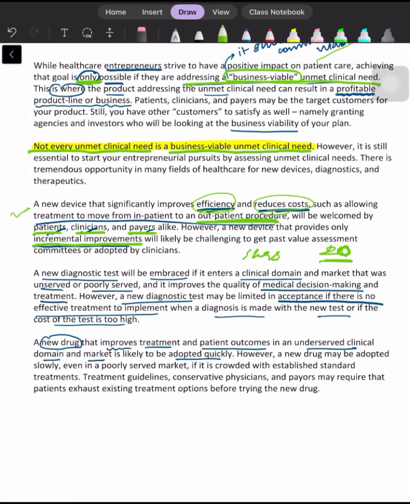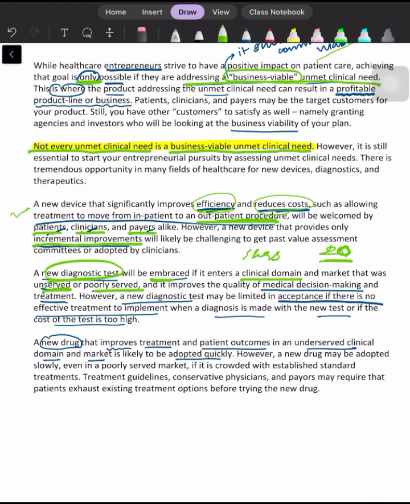A new diagnostic test will be embraced if it enters a clinical domain and market that was unserved or poorly served. We have seen many examples where a new diagnostic test is available, but it is targeted only at the Western population, not the Southeast Asian or African populations, in developing countries, for example, where diagnostic tests have not been served as they should be.